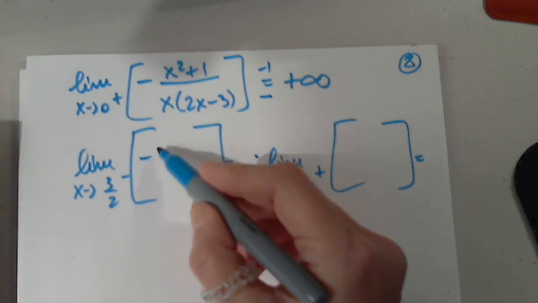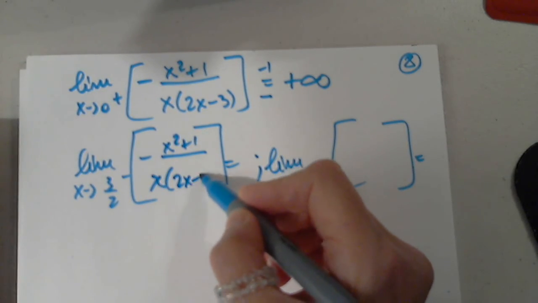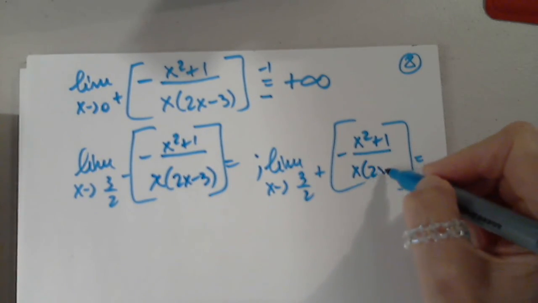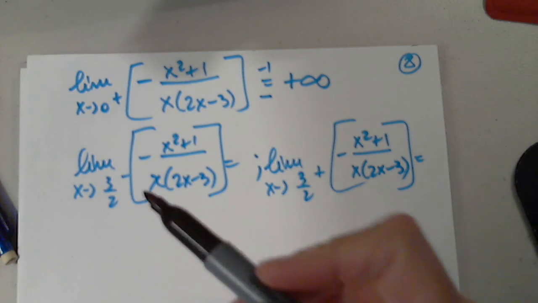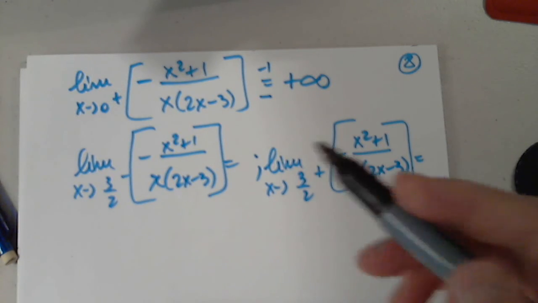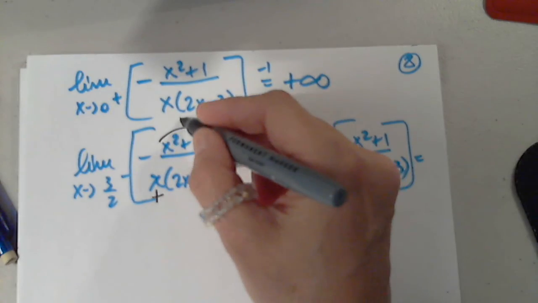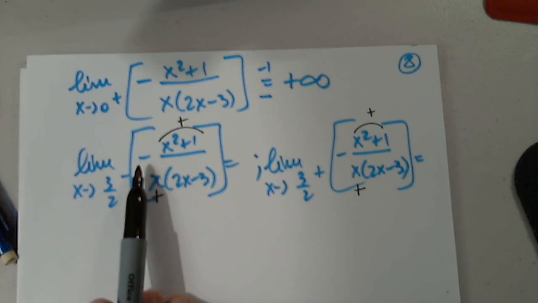So of negative x squared plus 1 over x times 2x minus 3. Okay, so let's see what we get. Now, with 3/2 left and right, I don't care. This is a positive number. This is a positive number. A negative at the top.